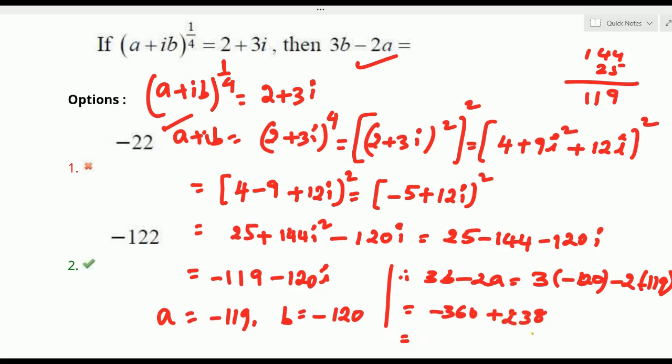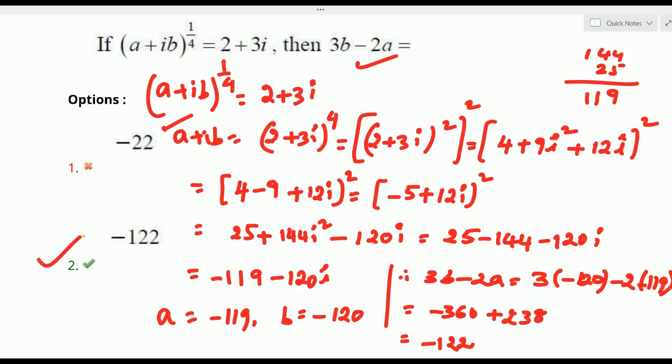Minus 360 plus 238: 360 minus 238 is 122, with minus. So the answer is minus 122. Yes, that is given clearly as the second option.